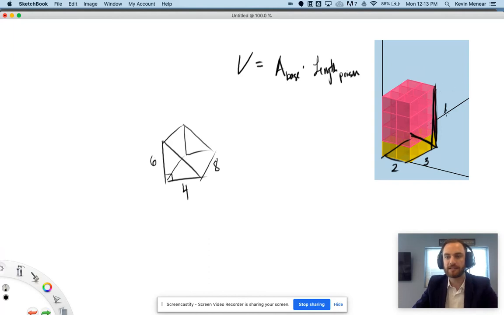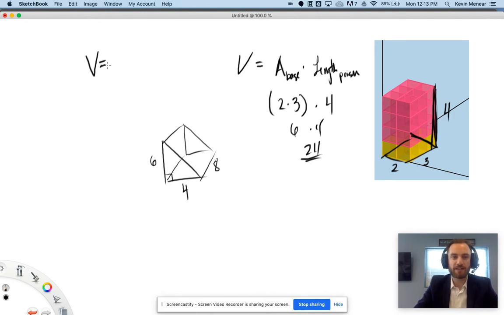This dimension is the length of my prism, which is 4. So for this example, the area of the base is 2 times 3, and the length of the prism is 4. So 2 times 3 is 6, times 4 is 24. Cool. Good. But what about for a triangular prism?